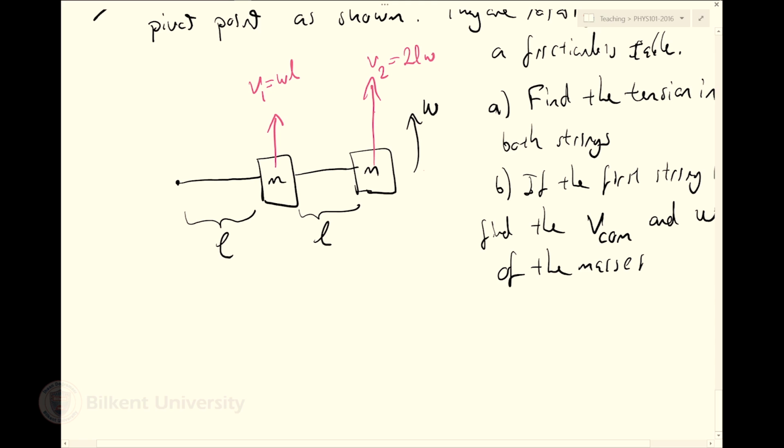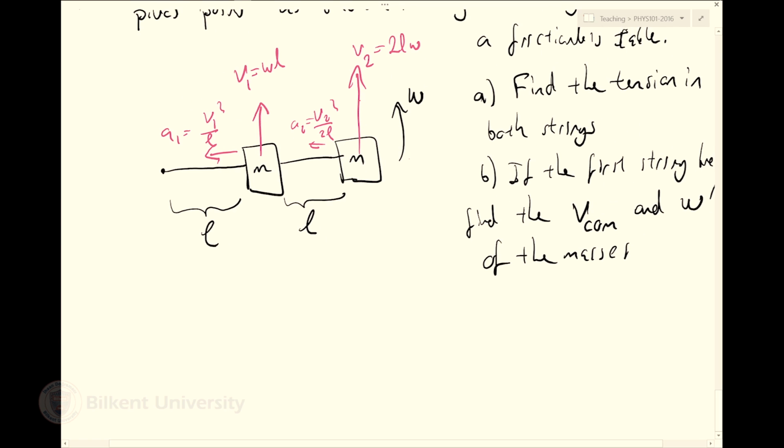Okay, I don't care about that. Now, what are the accelerations of these objects if they are doing uniform circular motion? This is going to be V1 squared over L, and A2 will be V2 squared over 2L.